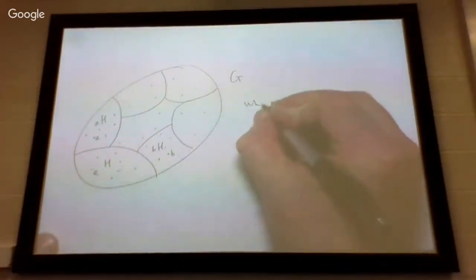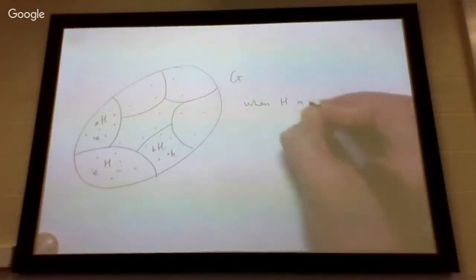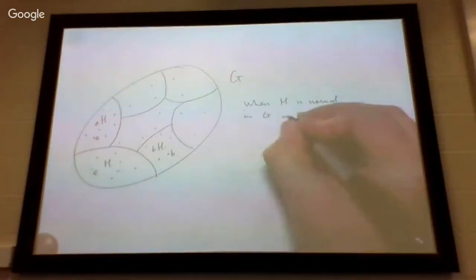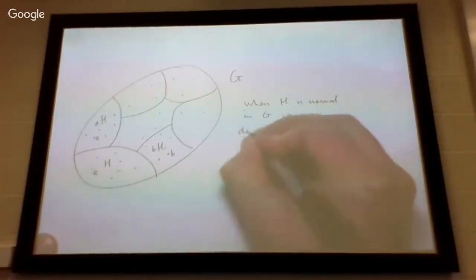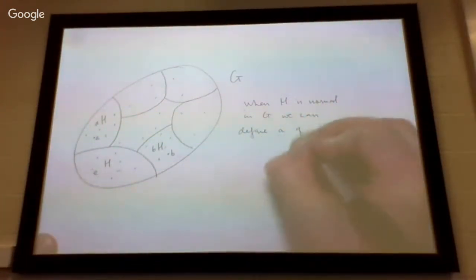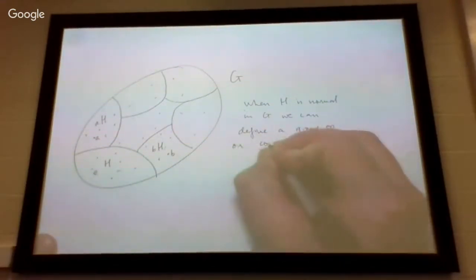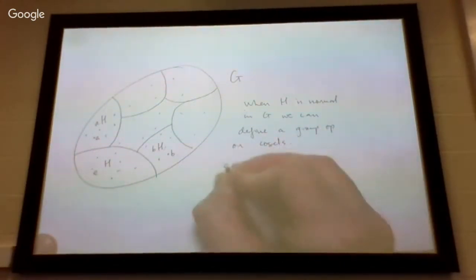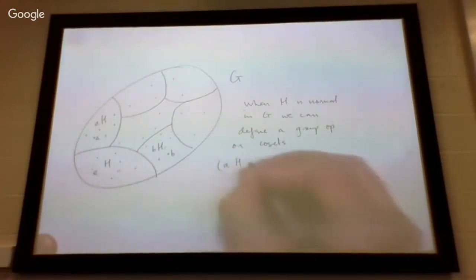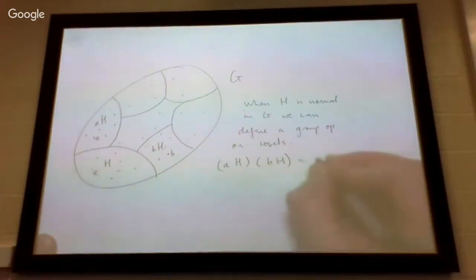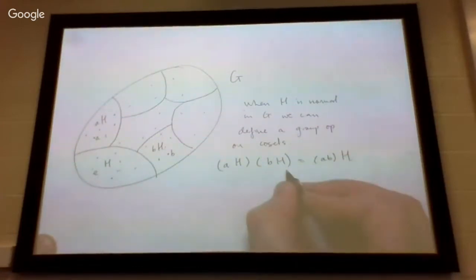So when H is normal in G, we can define a group operation on cosets. And it has a really nice definition. How do you multiply together two cosets? It's the coset corresponding to the product of two of the representatives.